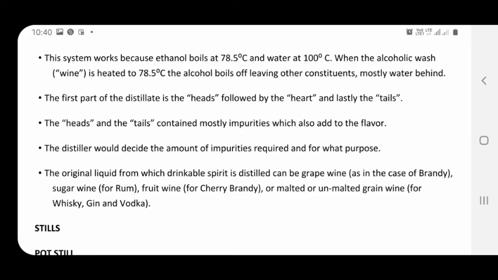They were basically enclosed kettles which narrow towards the top to collect the vapor created by boiling. A downward pipe from the head carried the vapor through cold water and caused it to condense, and it could be collected in the receiving chamber. Here you can see a pot still.